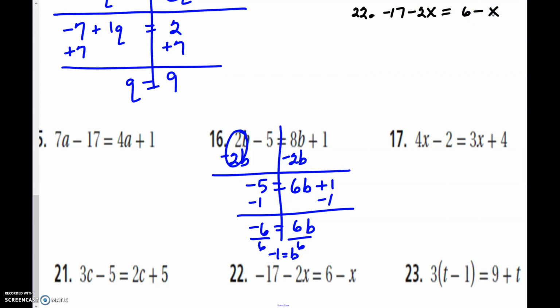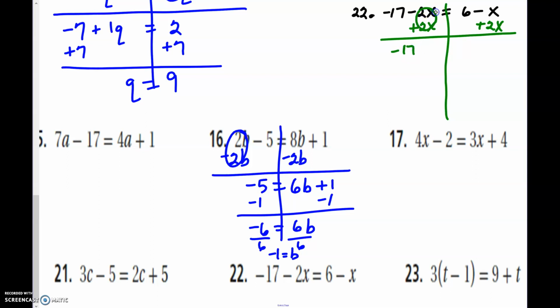All right, so looks like here, I'm going to do it in green so it's just a little different color. We have x's on opposite sides. We have a -2x and a +x. Remember, I like to move the smaller one. So -2 is smaller, so I am going to add 2x to both sides. So I have -17.